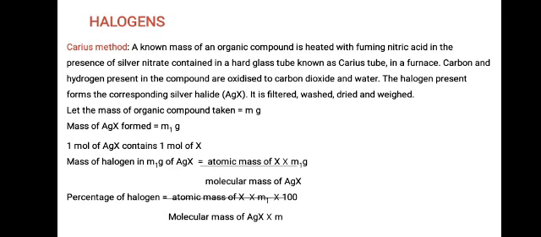And we will apply this formula to calculate the percentage of the halogen. Means the organic compound will be m gram, and AgX, the silver halide, will be formed as m1 gram. Okay, so 1 mole of AgX will have 1 mole of X. So we will apply this formula.